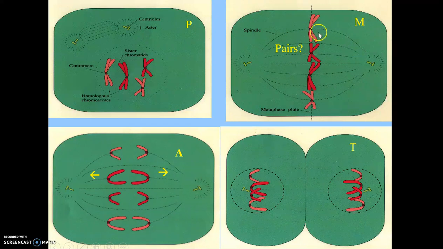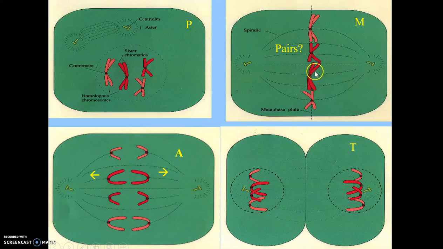When they do, as these spindle fibers grow and push, it lines these chromosomes up nice and neat at the metaphase plate of our cell. Some of the spindle fibers don't actually touch chromosomes, and they keep repelling each other. By doing that, they push the centrioles further and further apart, which is spreading the cell out, growing it a little bit. But the ones that are attached to that kinetochore line these up, and this is incredibly important.